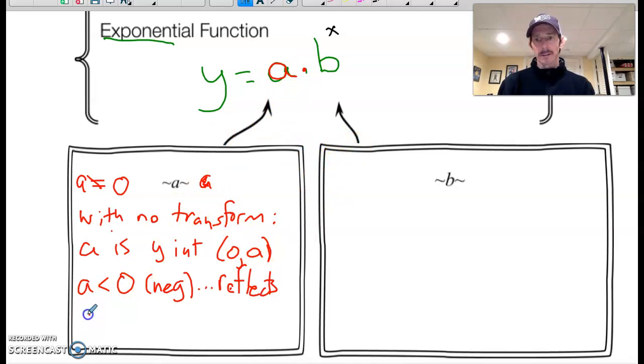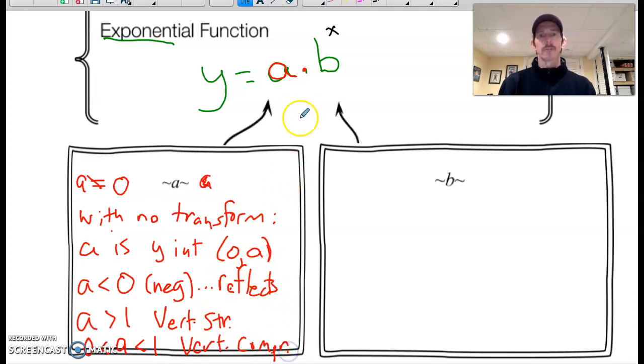If A is bigger than 1, it acts sort of like a vertical stretch, like we talked about before. And if A is between 0 and 1, like a half or a quarter, then we have a vertical compression, or a vertical shrink.